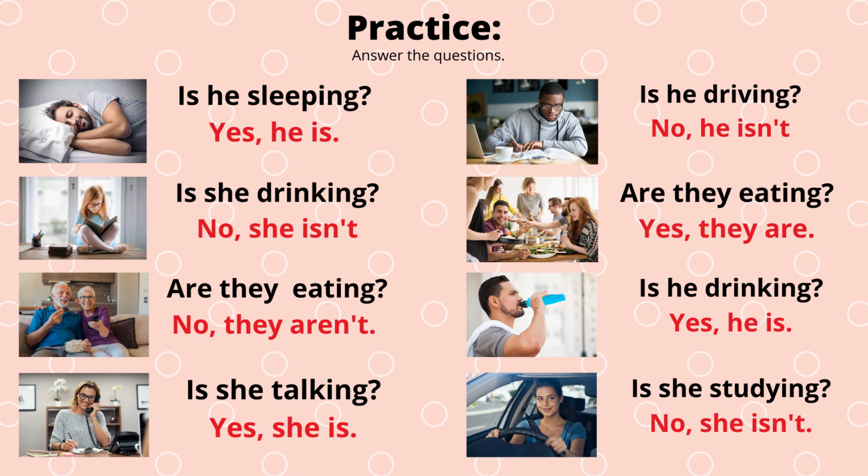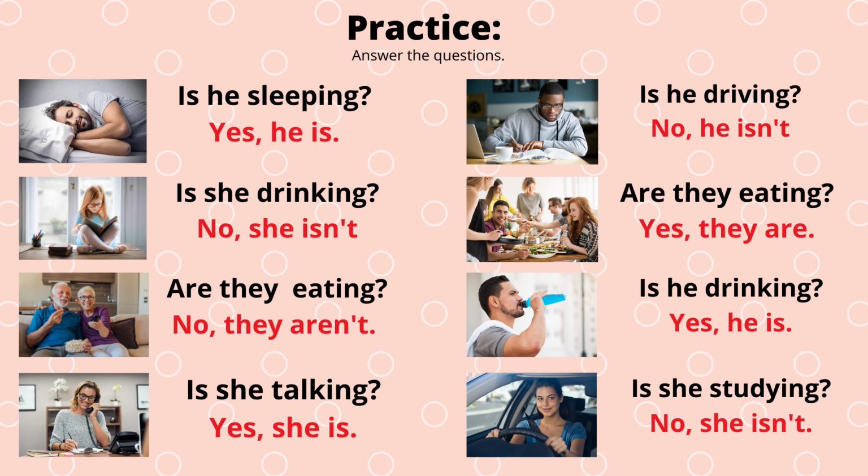Number 4, is she drinking? Answer, no, she isn't. Number 5, are they eating? Answer, yes, they are. Next one, is she talking? Answer, yes, she is.